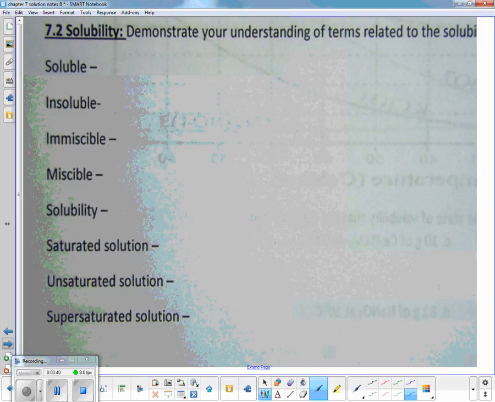So miscible means it'll mix, immiscible means it won't. Saturated, I've put in as much at that temperature as I can put in. Temperature is the key thing here. Unsaturated, I haven't put as much as I could at that temperature. And supersaturated, I have actually heated the solution up, put in as much as I could at a higher temperature, and then cooled the solution down.